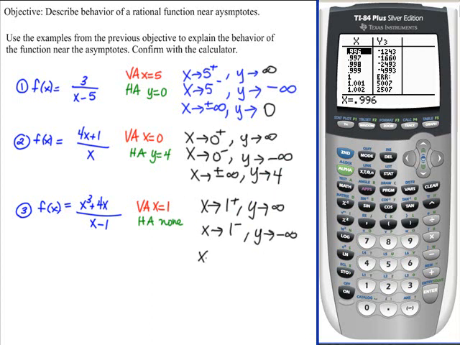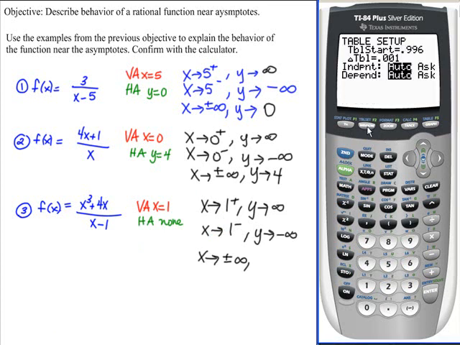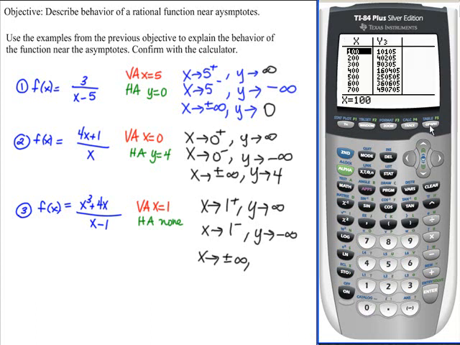Now what's happening as x is going to plus or minus infinity? What is y approaching? Well, let me change my table setup. So this time we will start at 100, and let's change by 100 or 1000, whatever you want to do, just to see what's happening as you get larger and larger and larger. Well, look at that. It's not coming in on any particular number.